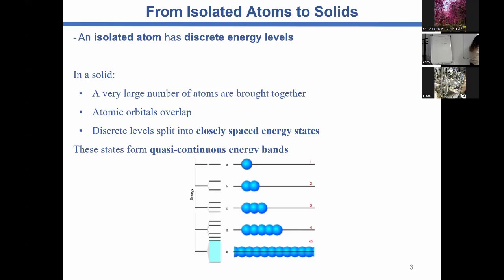So we also have a bonding band and an anti-bonding band, but now in terms of the material, we call it the valence band here, and the conduction band here.